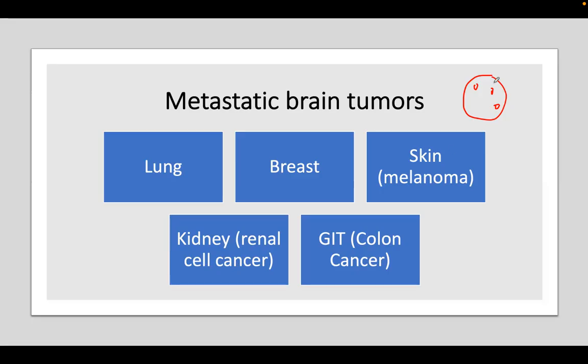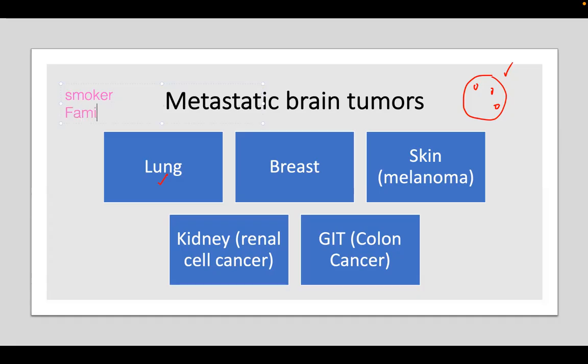So let's say you discover someone with an imaging study, let it be a CAT scan or an MRI, that has multiple brain tumors. You have to work up the patient for possible lung cancer. You might want to ask, history-wise, is this patient a smoker?